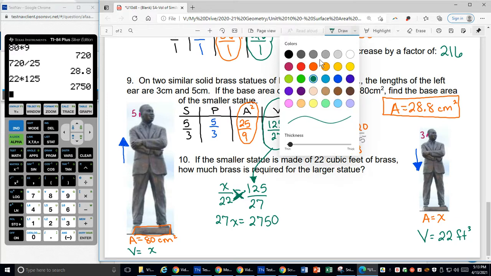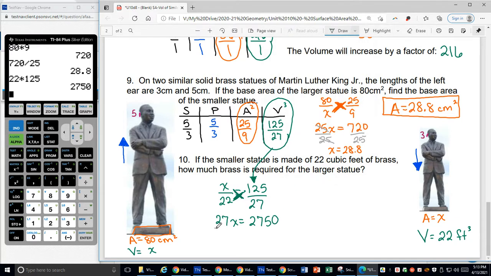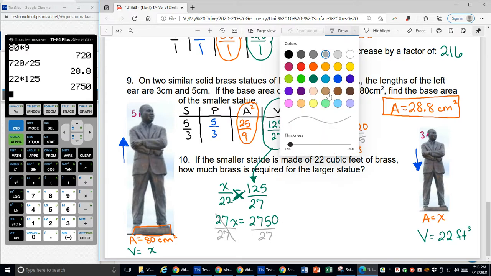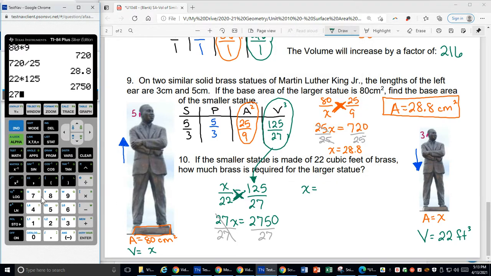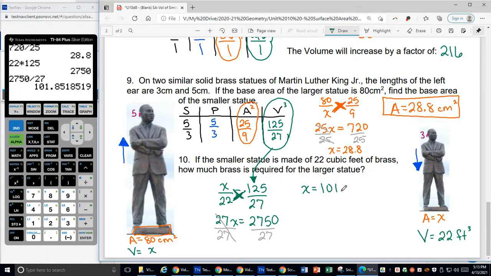Then I just need to divide both sides by 27, and I'm going to get x equals 2750 divided by 27, which gives me 101.852, if I round correctly.